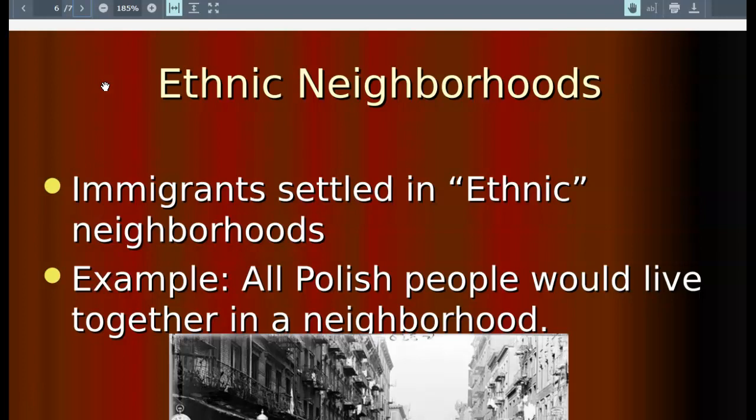Nativism from that point of view was not against the law, and it was practiced very, very often.